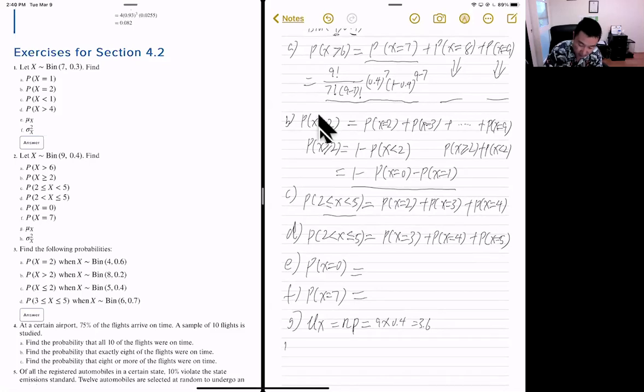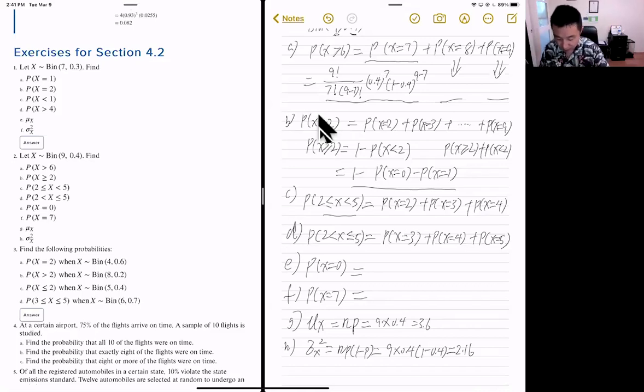And the H, so for all the binomial distribution, variance sigma square is equal to np times 1 minus p. So n is 9, p is 0.4.